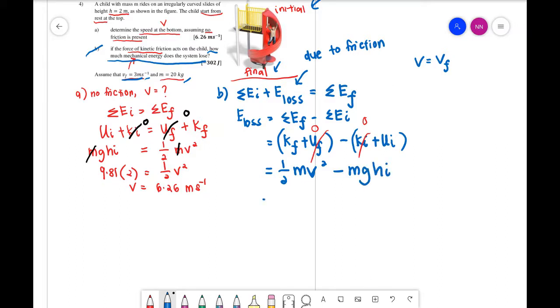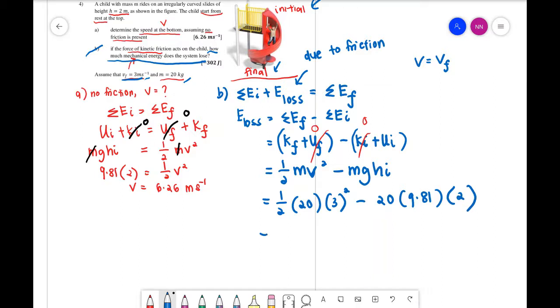So kita boleh substitute dah lah. Mass dia adalah 20 kg. Final velocity adalah 3 meter per second. Minus mass 20, g 9.81, and then height initial 2 meter.